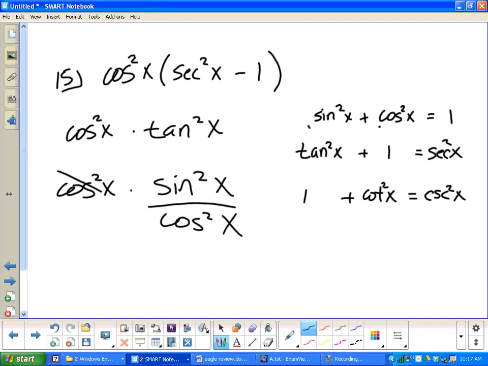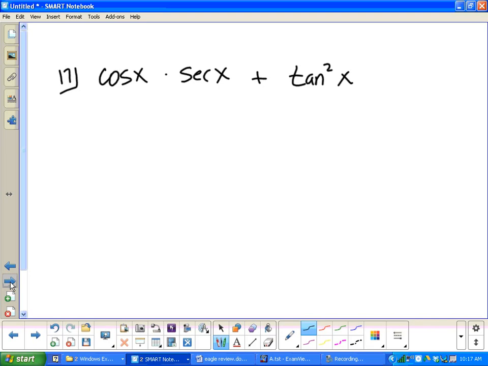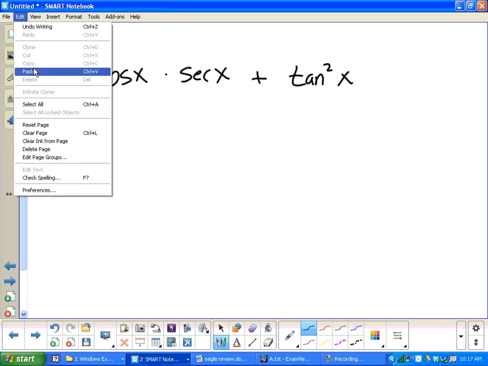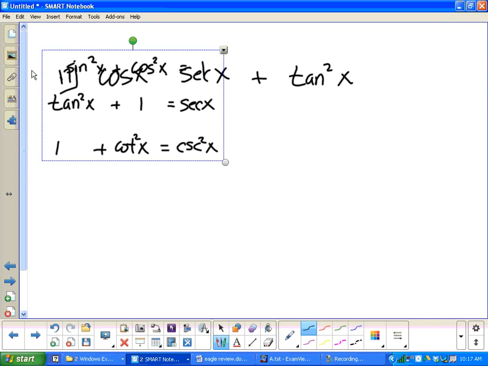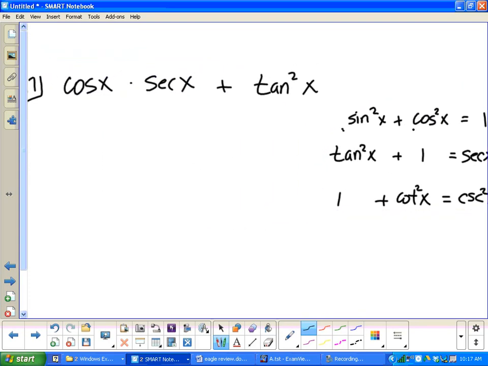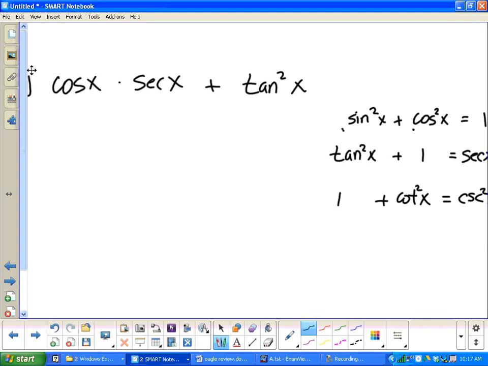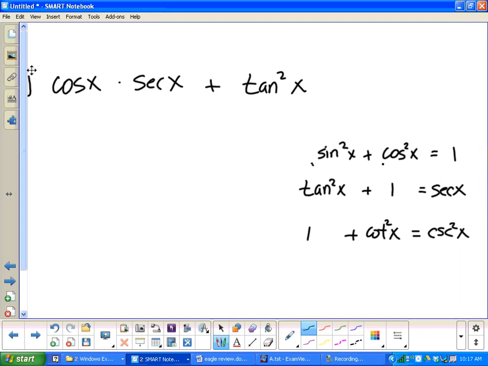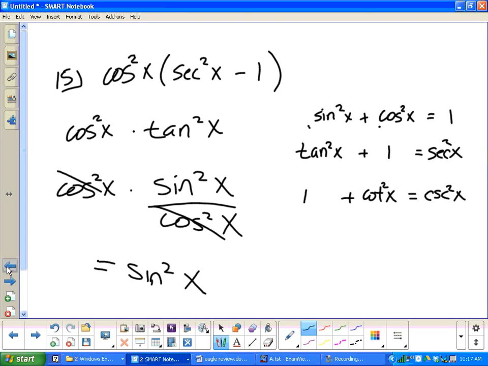And that works out pretty good. Yeah, it's just sine squared. There you go.